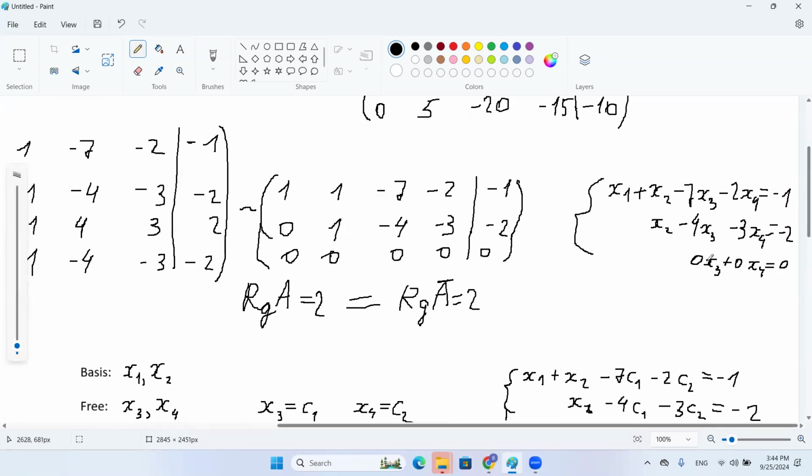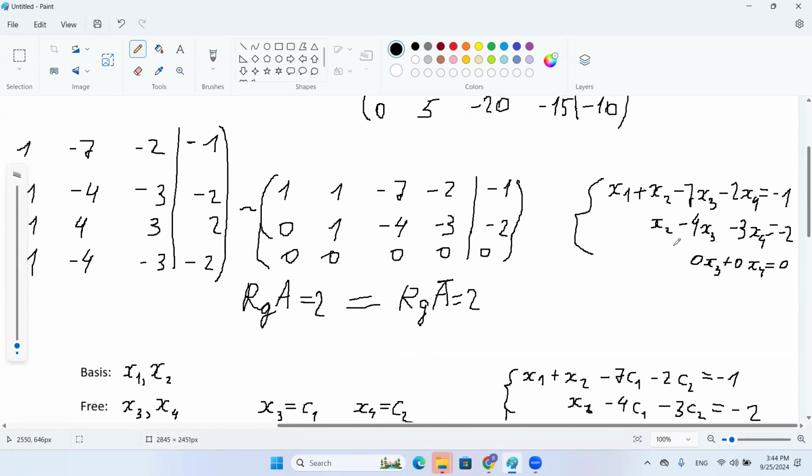So it means that x3 and x4 can take any real values, but x1 and x2 depend on these values. So the number of basis variables is equal to the matrix rank. The first variables are basis and the others are free. Did you understand it for now?